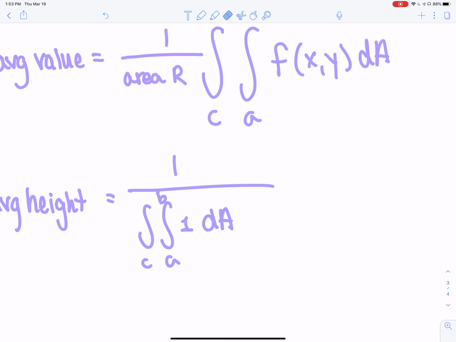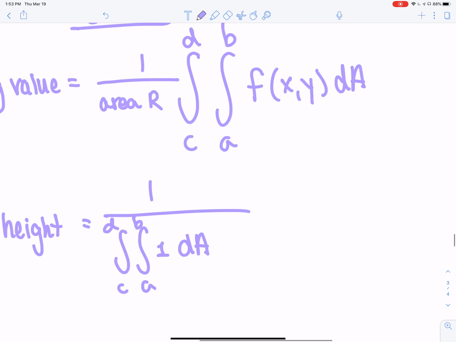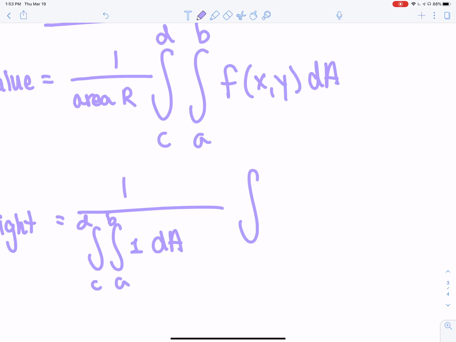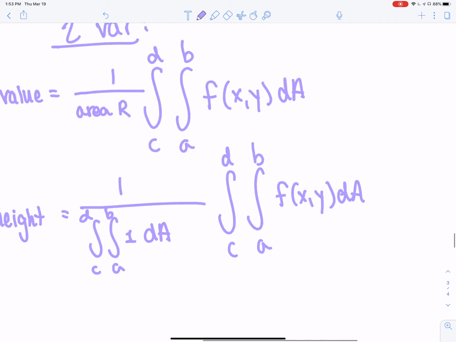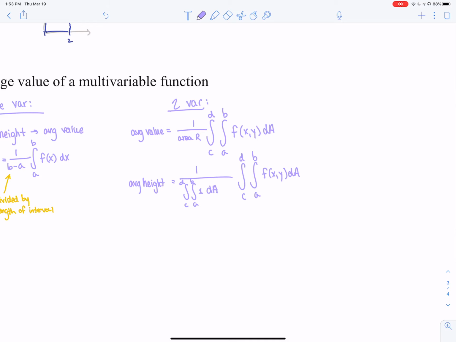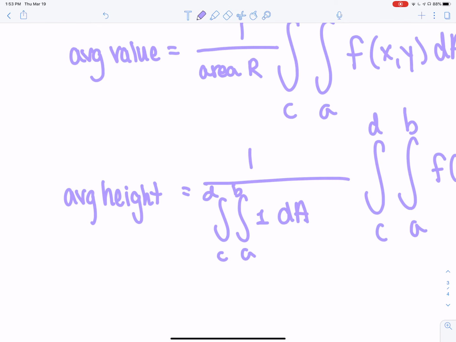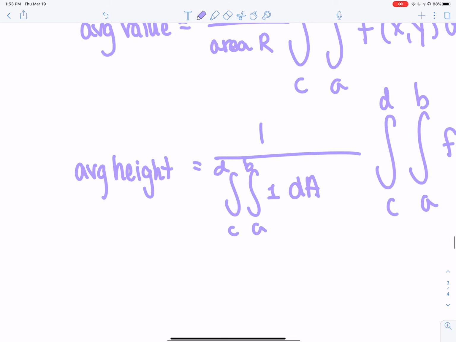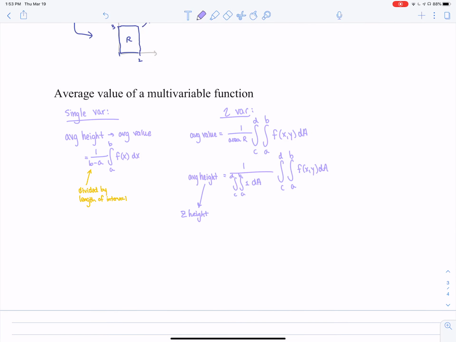And confirm that this would actually give you the area of R. This is equivalent to 1 over the area of R, similarly, times the exact same double integral. So that will give you the average value, the average height, this is z height. So that'll be the average z height of your multivariable function.